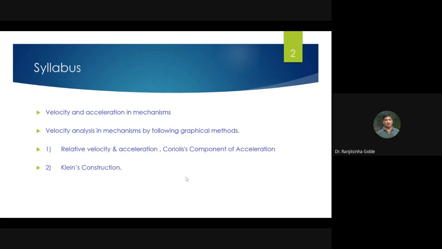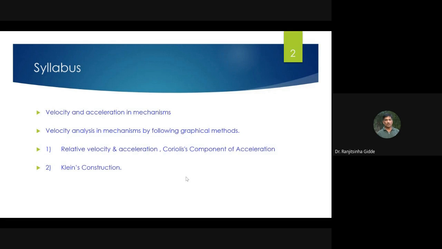So there are various methods, maybe 5 to 6 methods, but for our syllabus there are two methods. One is relative velocity and acceleration and Coriolis component for the acceleration, and second one is the Klein's construction.